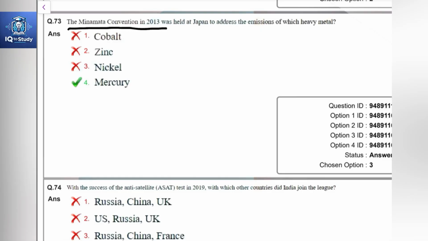The Minamata Convention in 2013 was held at Japan to address the emissions of which heavy metal? Mercury. The convention is named after the Japanese city Minamata, which was severely affected by devastation of mercury poisoning.